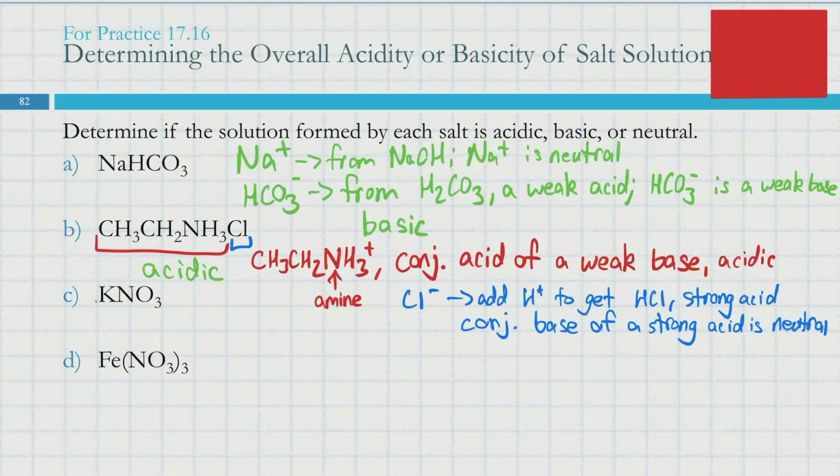For C, our cation is potassium ion. So we've got K plus, like from potassium hydroxide, which would be a strong base.